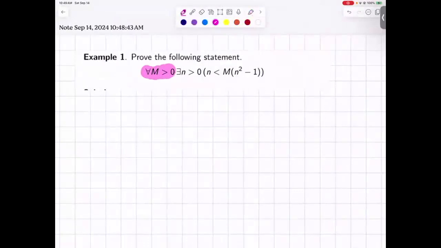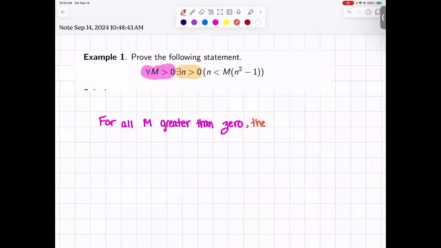This first piece is telling us that we're saying for all m greater than 0. The next piece here is telling us, in orange we'll do, there exists a value of n greater than 0.